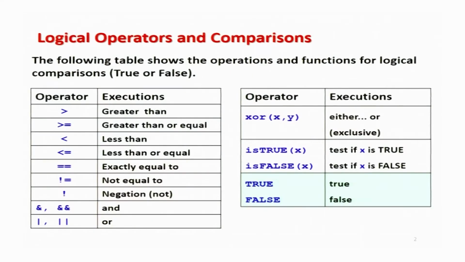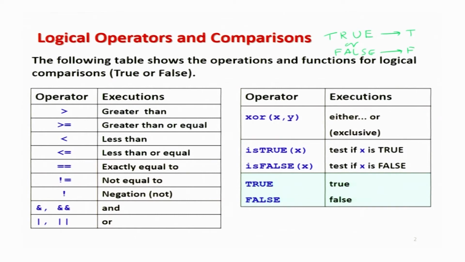So, these are the logical operators and I will show you what they do. Remember one thing, that logical operators will always give the answers in terms of TRUE or FALSE, or you can also write TRUE as T and FALSE as F in your R commands.